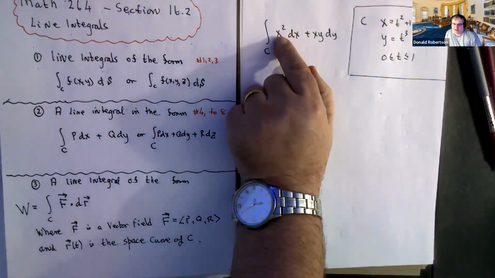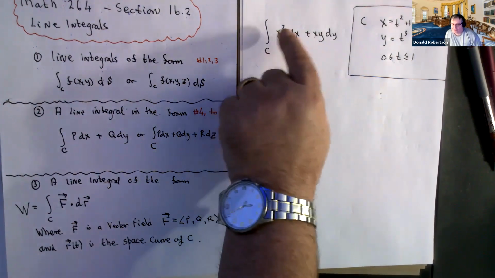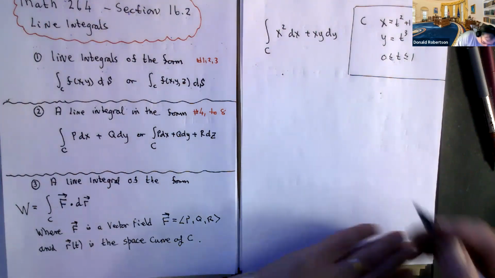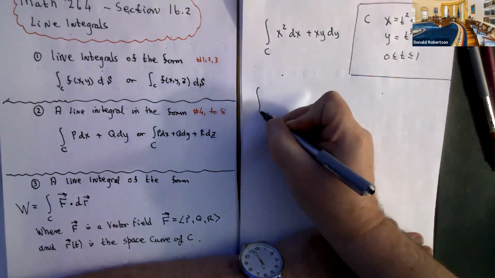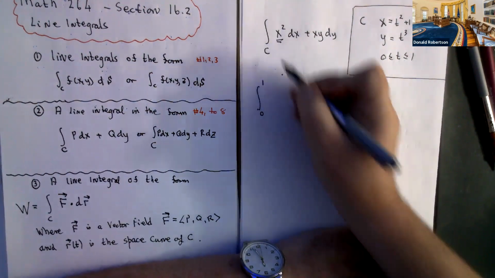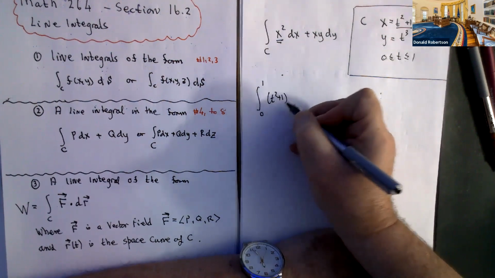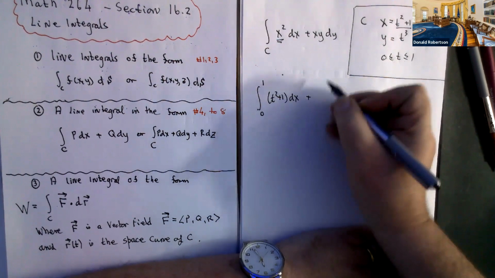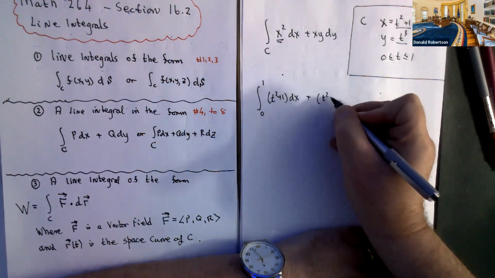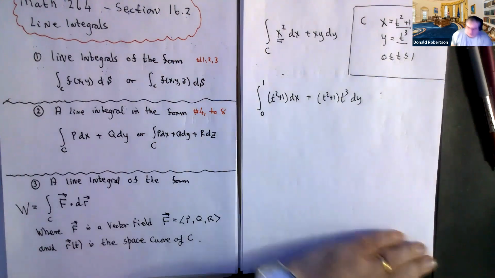So basically that guy I call P and this is the guy I'm calling Q. But now we've got some specifics around that being general. So how do you go about the whole process? Well, the integral goes from 0 to 1. X squared becomes this guy squared, dx, plus xy becomes this guy times this guy. So that's t squared plus 1 times t cubed dy. Are we comfortable so far?